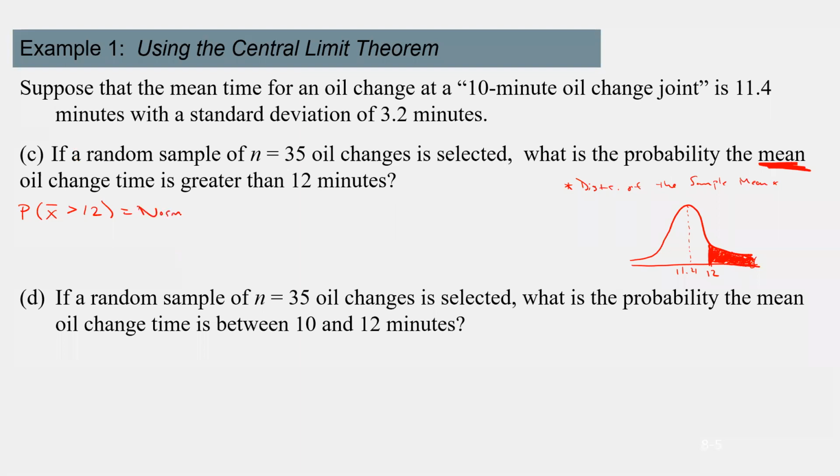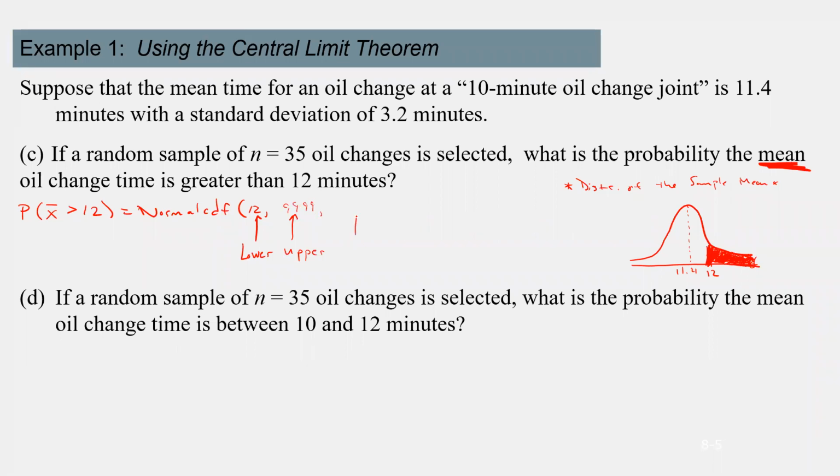So it's the normal CDF in your calculator, which involves inputting 4 things. The first thing you have to input is the lower value. So going across this as a number line, the starting lower value of the area you're looking for is 12, comma. The next thing you're going to put in is the upper value. And since it's a tail area to the right, does anybody remember what you have to put in?